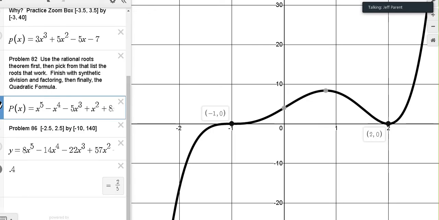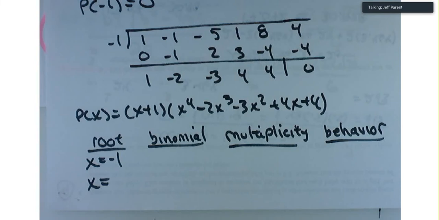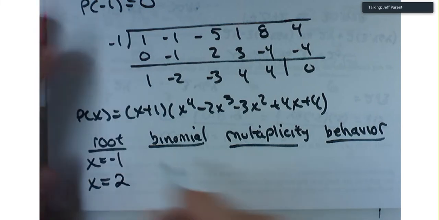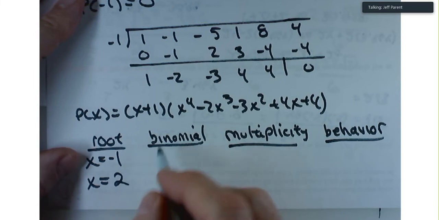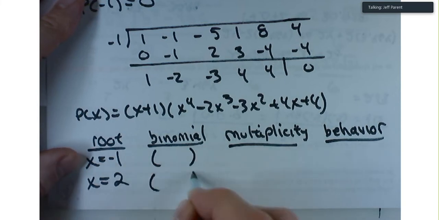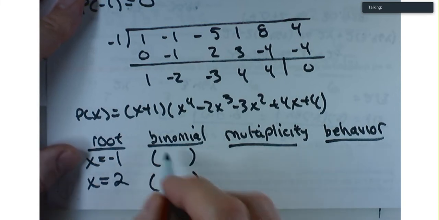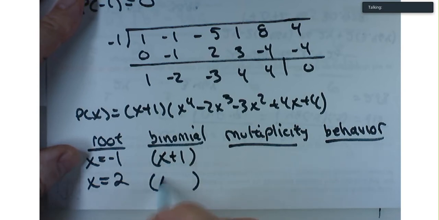We had roots at -2, -1, and 2. So those are our roots. What are the corresponding binomials? If x equals -1 is a root, what's the corresponding binomial? It would be x plus 1. And this would be x minus 2.